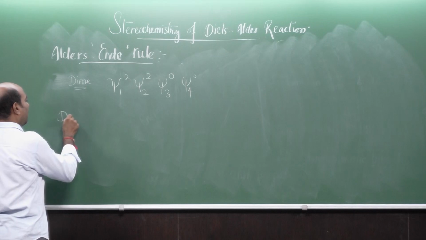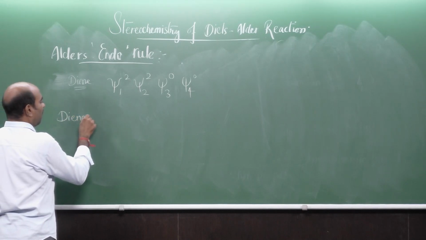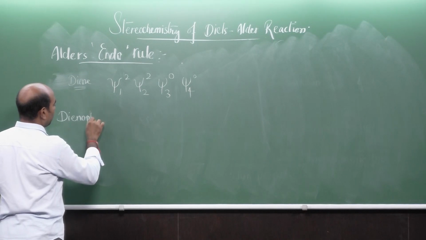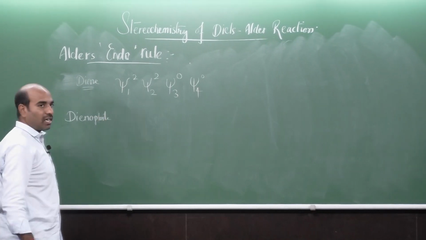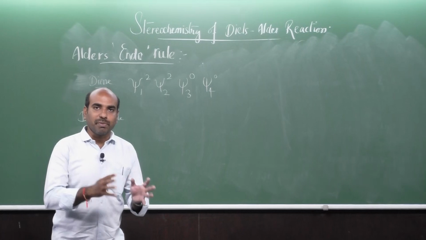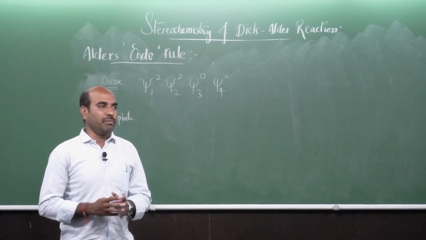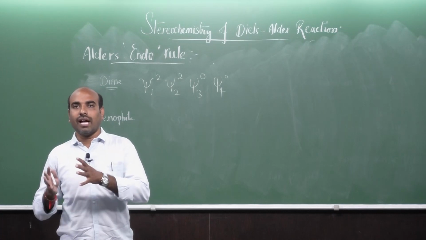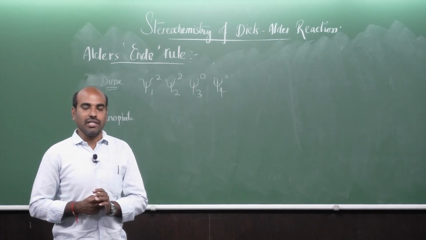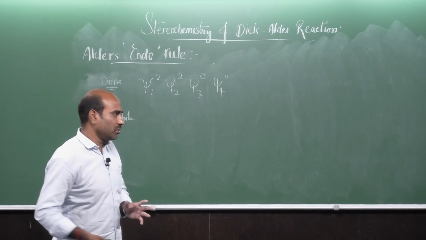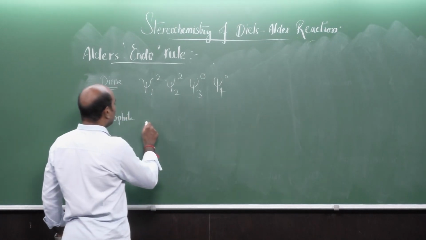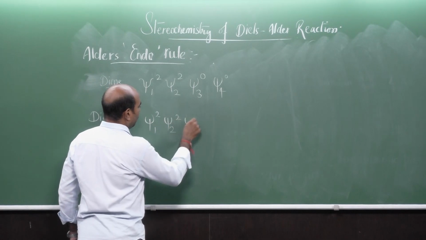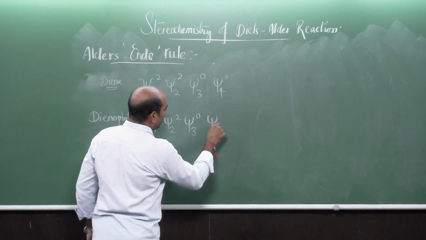The dienophile should generally have only 2 molecular orbitals, psi1 and psi2. But what is the speciality of this reaction? Here the dienophile is in conjugation with the unsaturated functional group, so it also contributes, and the dienophile should also be taken as psi1 (2), psi2 (2), psi3 (0) and psi4 (0).